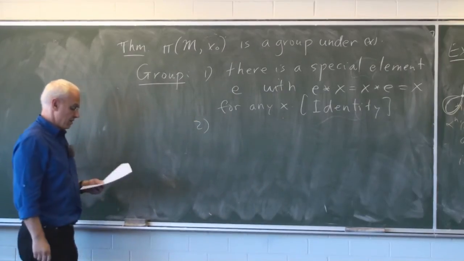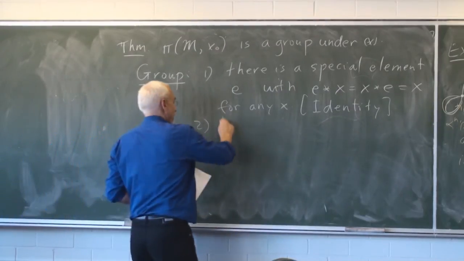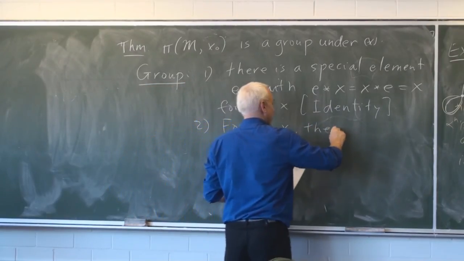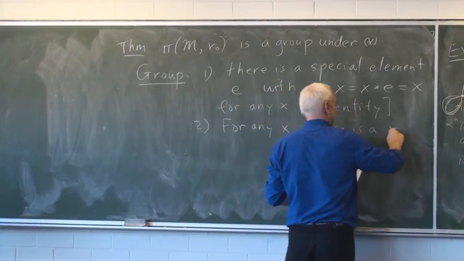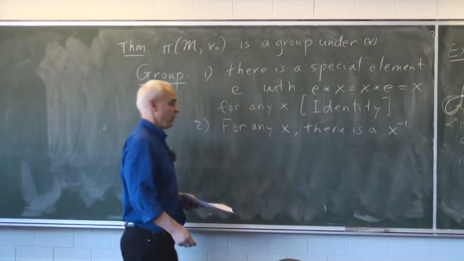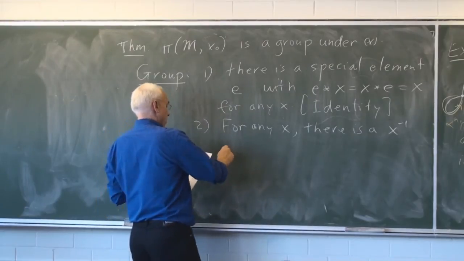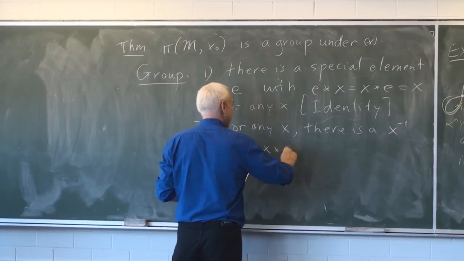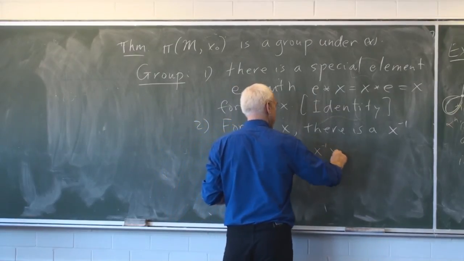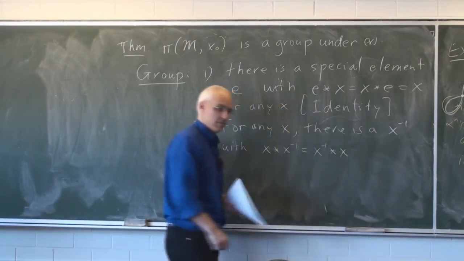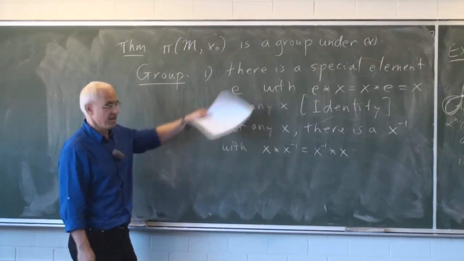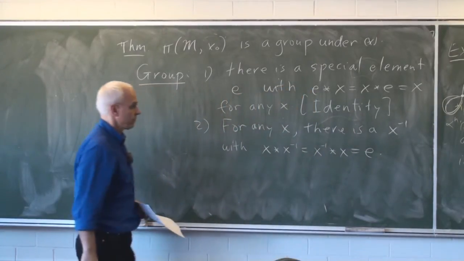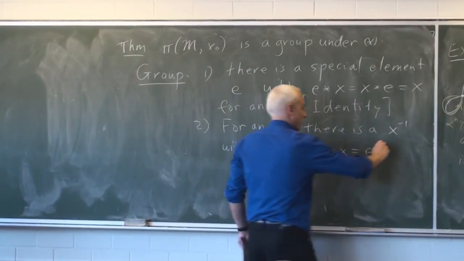And then the second criterion is that for any X, there is an element usually called X inverse with the property that if you take X times X inverse in either order, you get the identity element that we've just talked about. And that's called inverses.